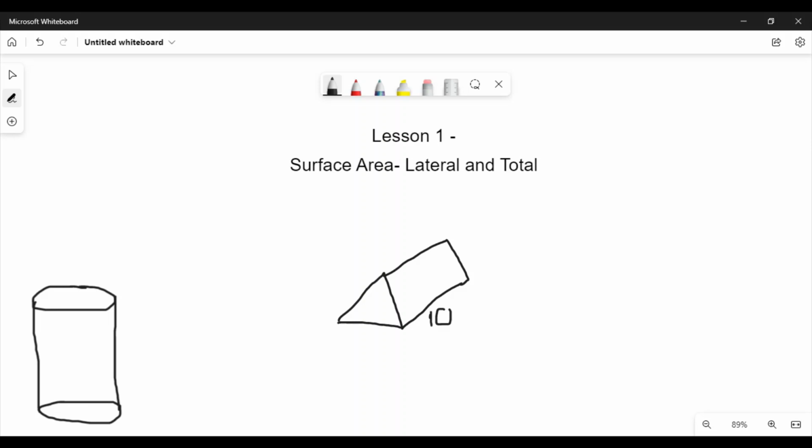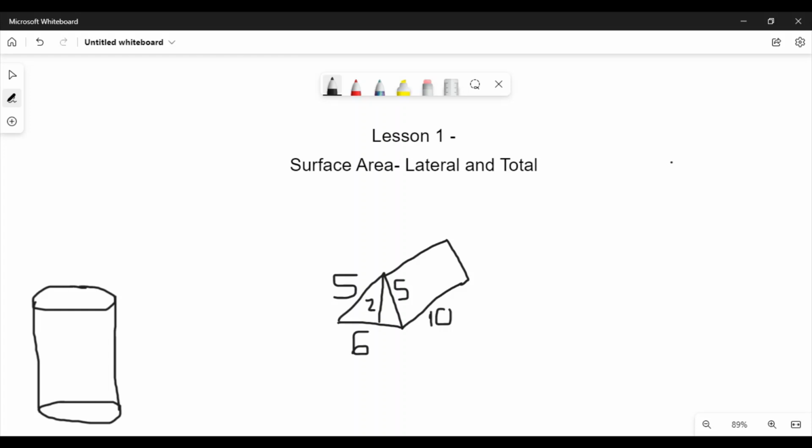This is one side of the triangle, which will be 5 on this side and 5 on this side. And the length for the base would be, let's do 6. And the height of the base will be 2.